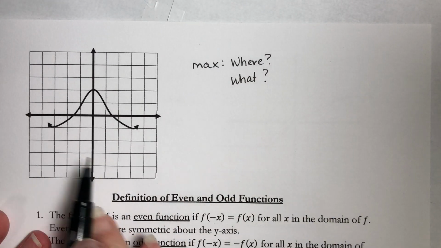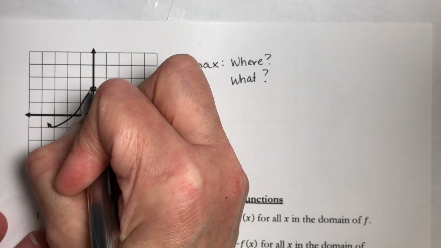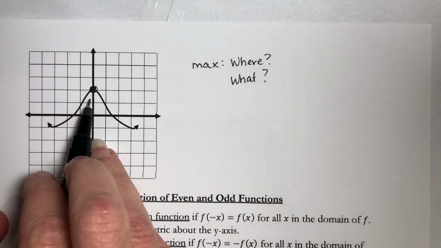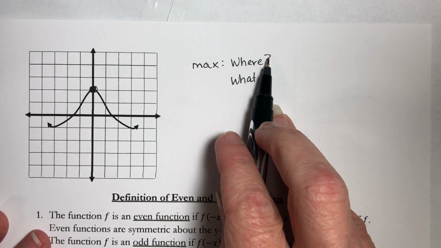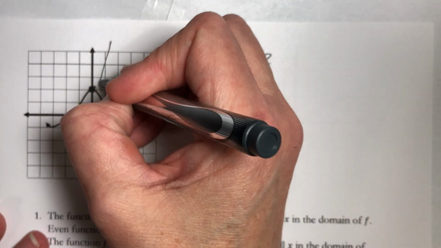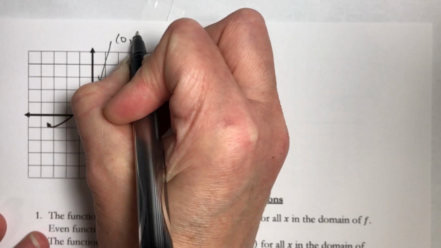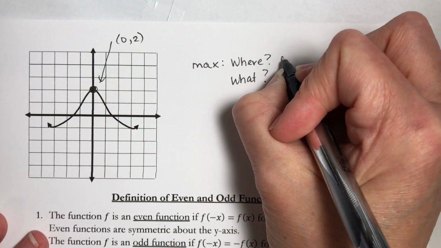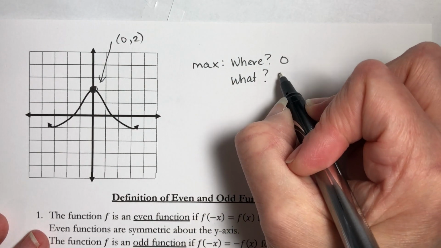Do we have something that's higher than everything else in its general area? And the answer is yes, it's right here. That would be our relative maximum because it's higher than everything else. So where does this happen? Where is this on your x-axis? Well, what point is this? It's (0, 2). So where does it happen? 0. What is the maximum value? 2.